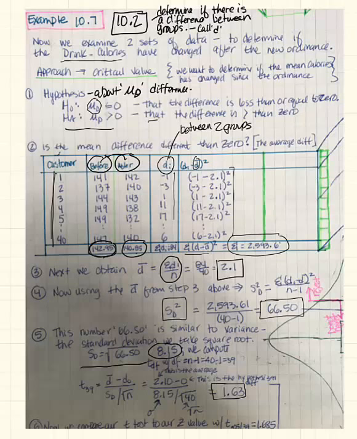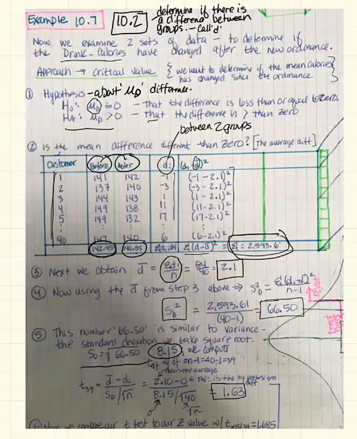We take each of our differences, subtract off D bar, and square it, and then we sum that down. This number is loosely related to variance. We have to do a couple more things to it, but it's sort of like variance. You know how variance is the squared difference between the mean and the observation? It's kind of the same basic idea.